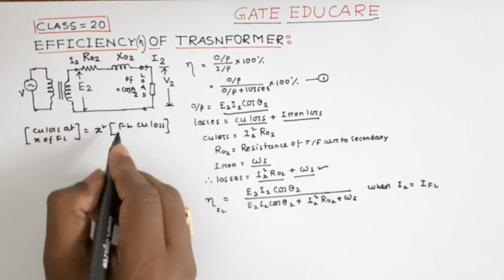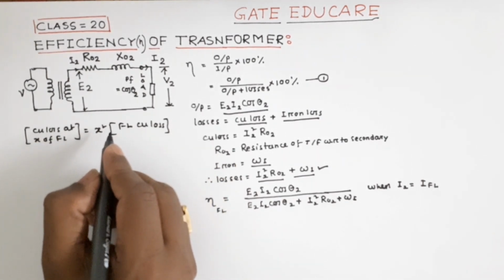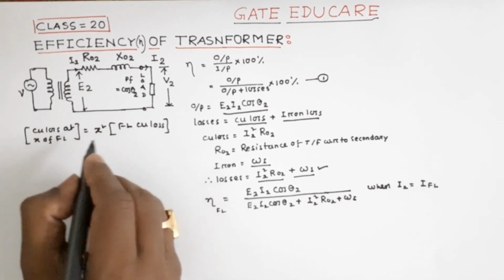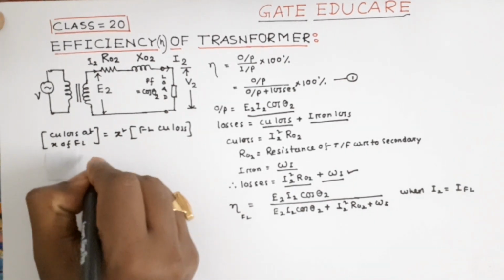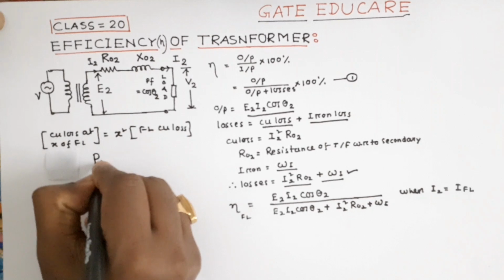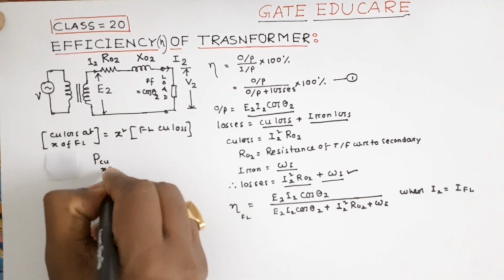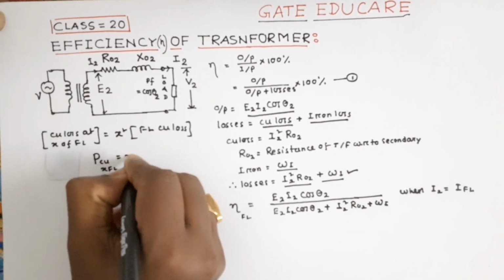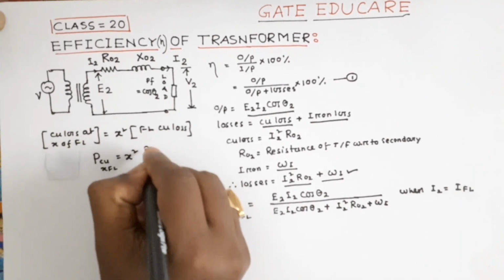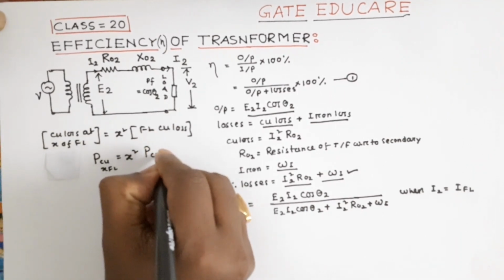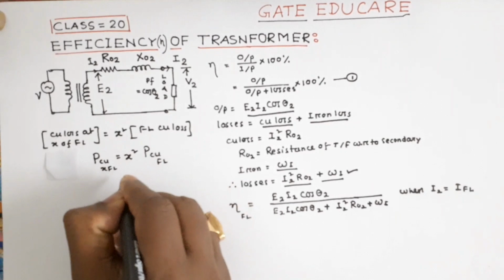This formula we have derived in the copper loss class. Please go through that video; the link will be given in the description box. Copper loss at x of full load is given by x square into copper loss at full load.